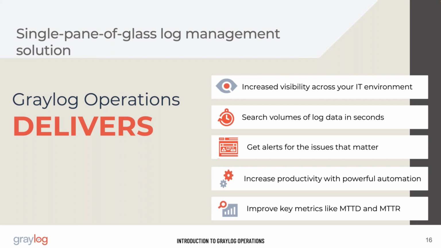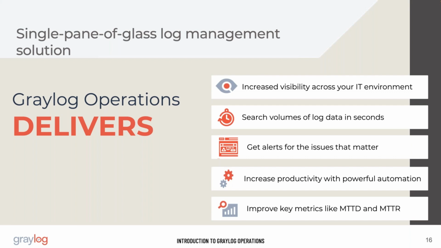Even if you just have the operations module, which is log aggregation, it can help increase visibility for the IT environment. You can search logs in a very fast way, even if you store lots of logs in your system, and you can get alerts really quickly with our correlation engine.